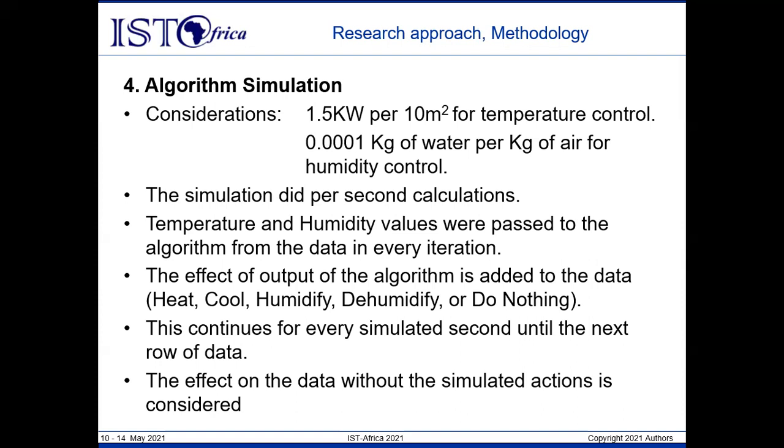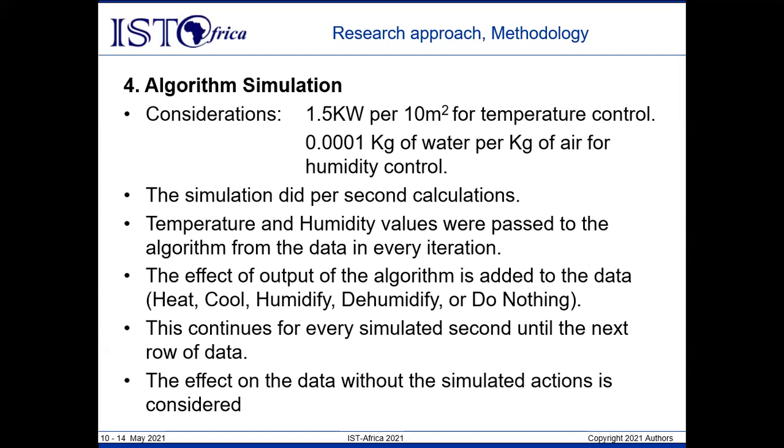So to do that, the simulation was taking the temperature and humidity value from a row in the data, and then it passes it to the algorithm, which returns an action to either heat, cool, humidify, or dehumidify, or do nothing. And then this action is simulated. And the resultant humidity and temperature is passed to the algorithm in the next iteration.